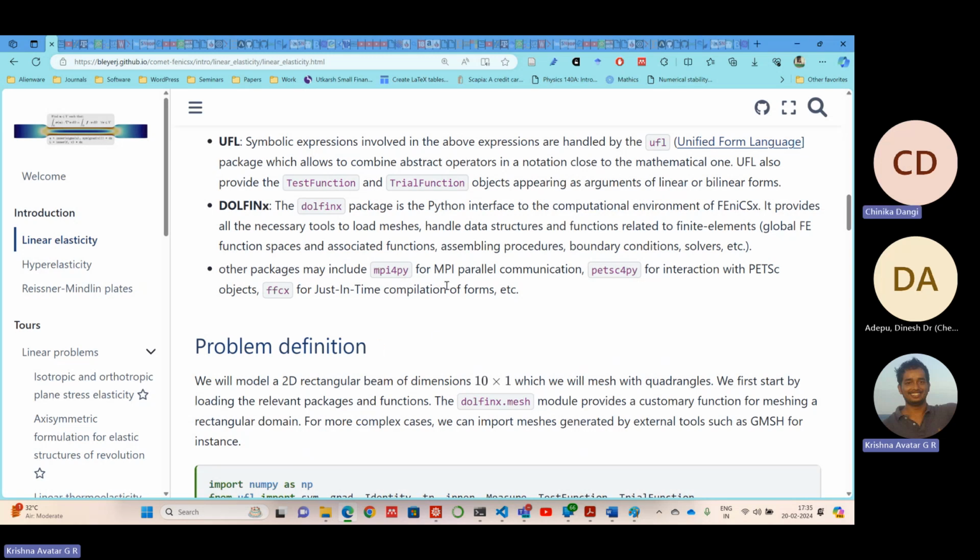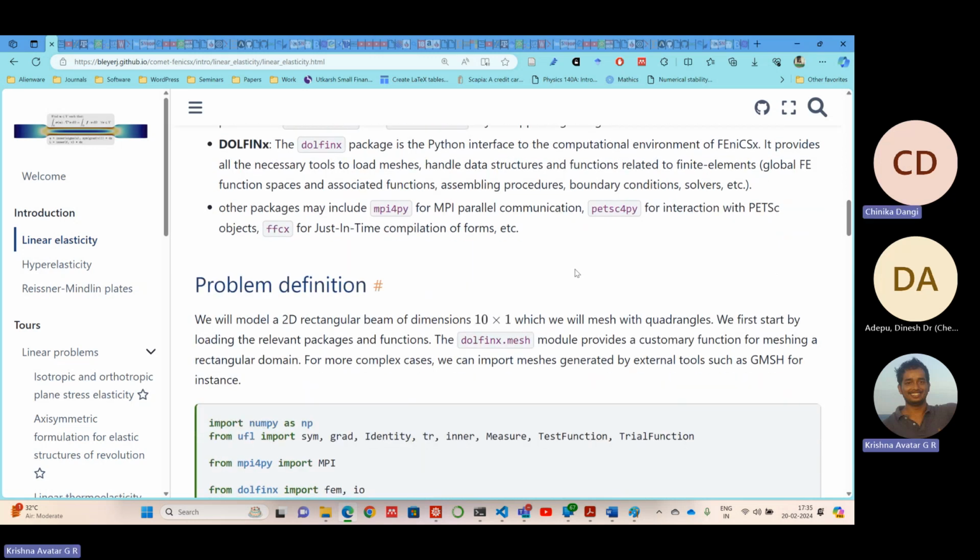MPI was originally written for three languages: C, C++, and Fortran. MPI actually uses C much more efficiently than C++, but that's another story. PETSc is used to perform linear algebra in a parallelized framework, and FFCX is what we call the just-in-time compilation of forms.